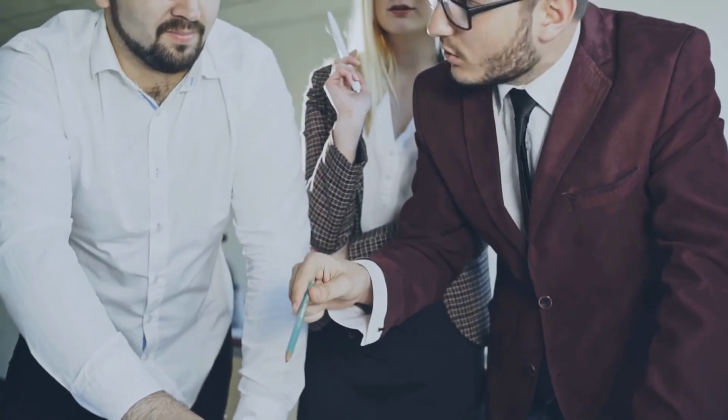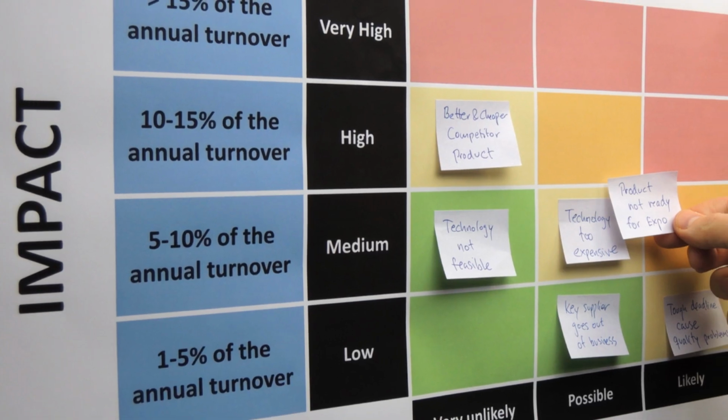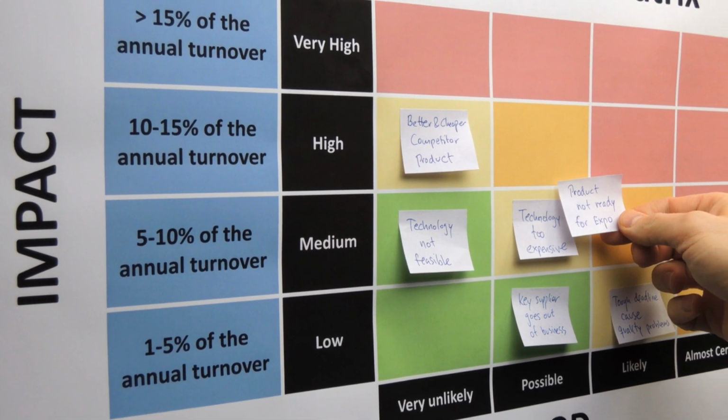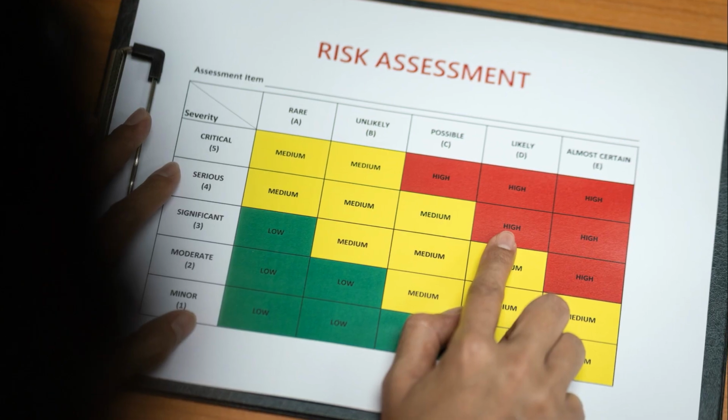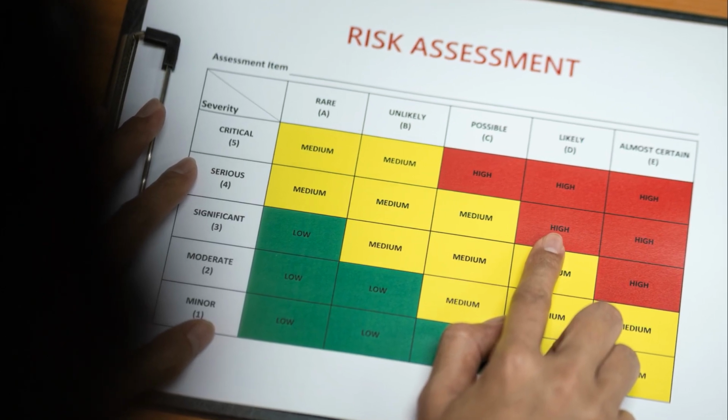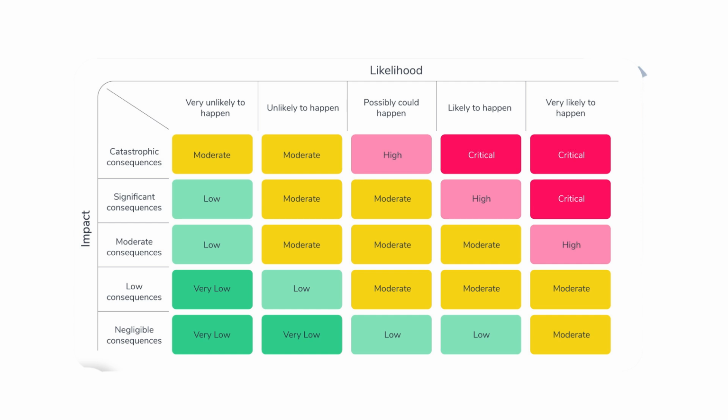Risk matrices provide a simple yet effective way to prioritize risks based on their likelihood and impact. Risks are plotted on a matrix with likelihood on one axis and impact on the other, allowing for quick visual comparison.